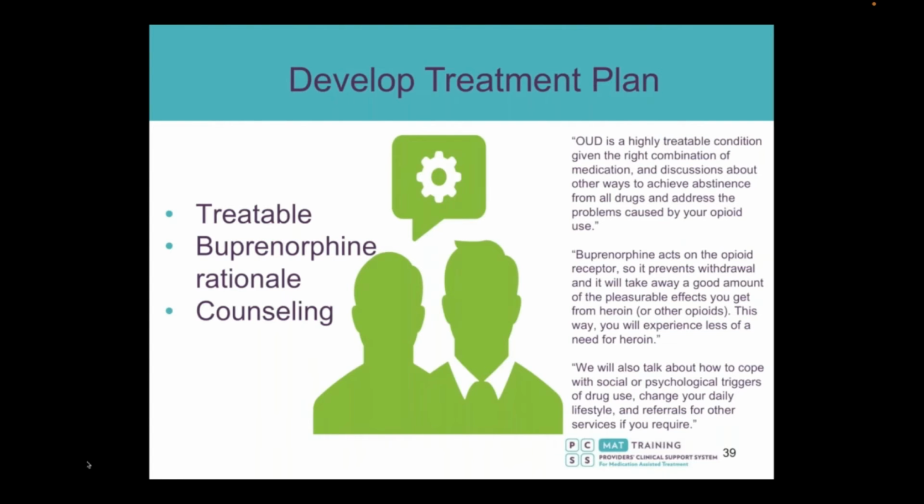But you will also be talking about how to cope with triggers and urges or cravings to continue to use opioids, and how to change their immediate environment or lifestyle in order to help move them towards use reduction and ultimately abstinence. Other referrals may also be available to them.